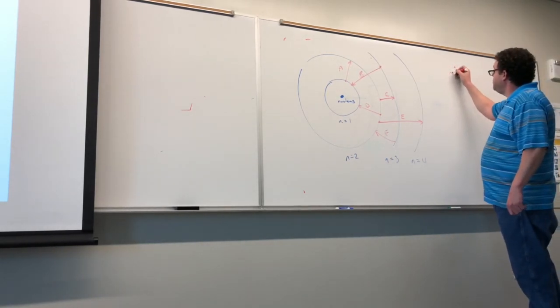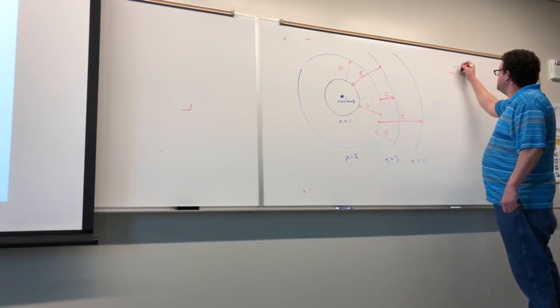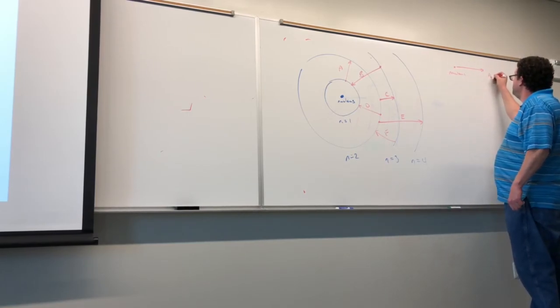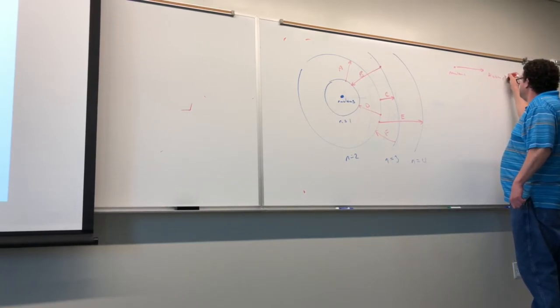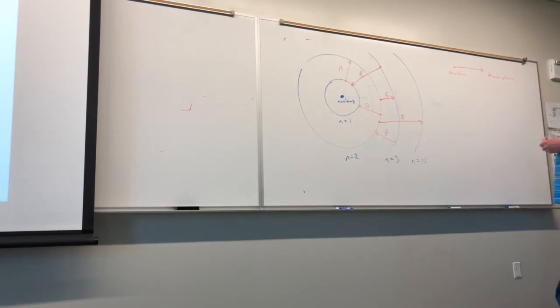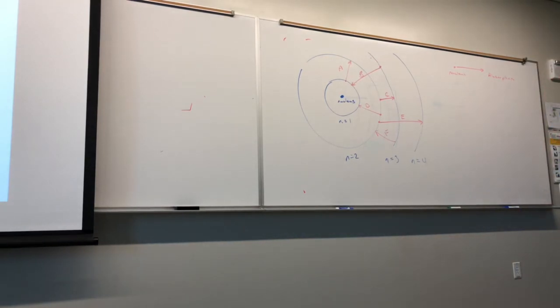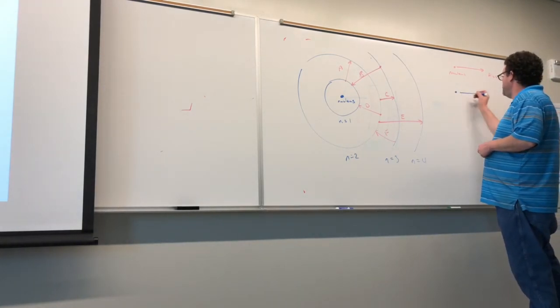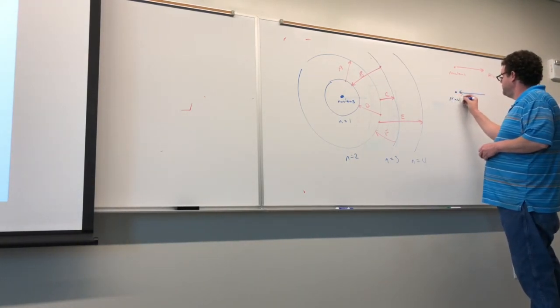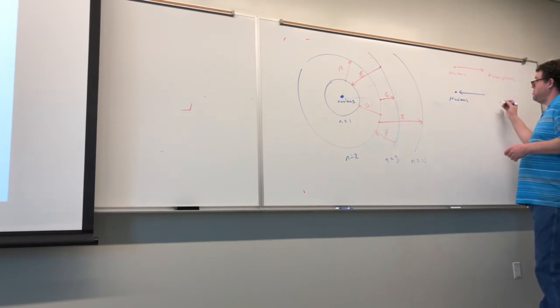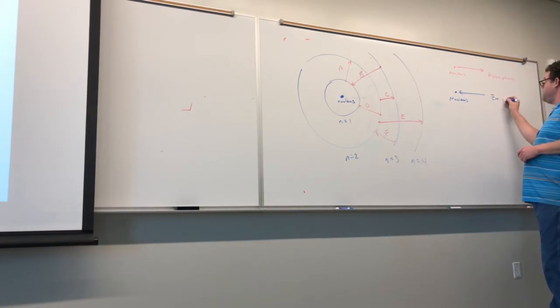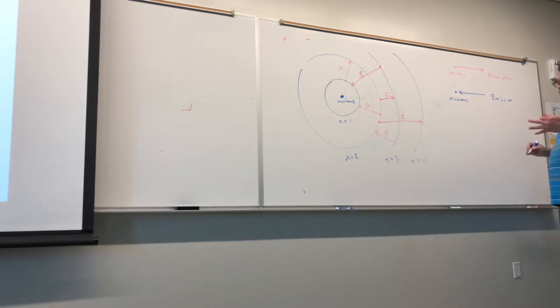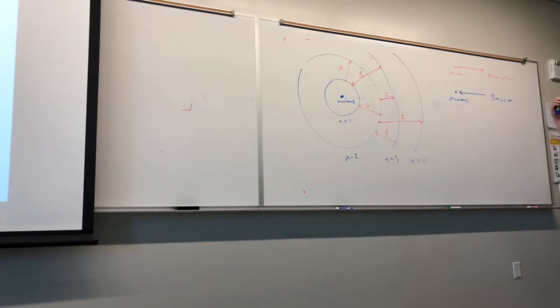So draw a little picture like this. Nucleus, going away from it, absorption. So you're absorbing energy. So what would happen if you were going towards the nucleus? You're releasing energy. So that is an emission. That's when you see the color: when the electron goes down, it releases energy.